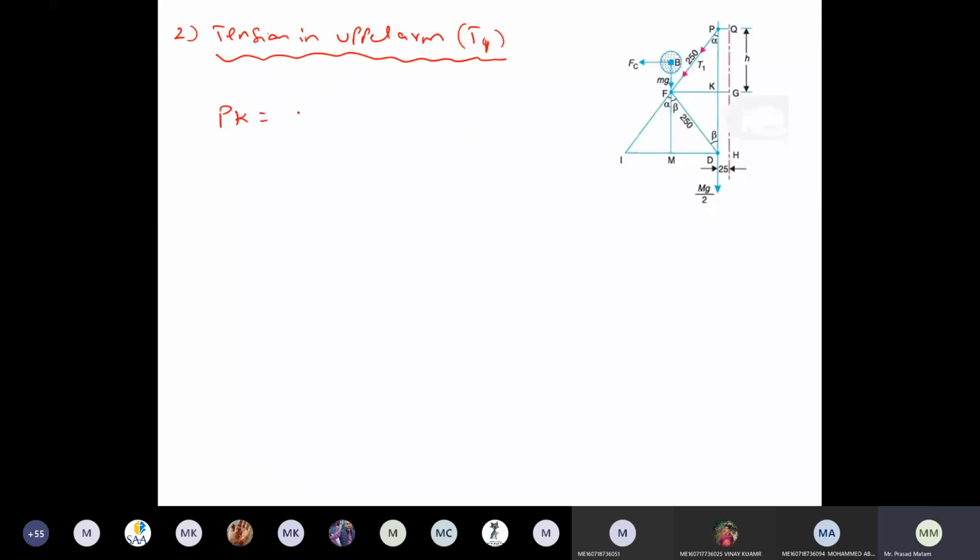PK is equal to the square root of PF square minus FK square. From the Pythagoras theorem, I'm trying to find out the PK value. What is the PF value? I'm getting 250. How to find the FK value? Again, I can write FK as PF square minus, what is FK? That is FG minus KG, whole square.